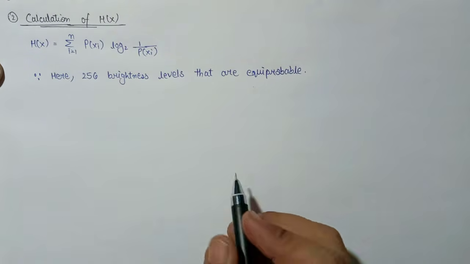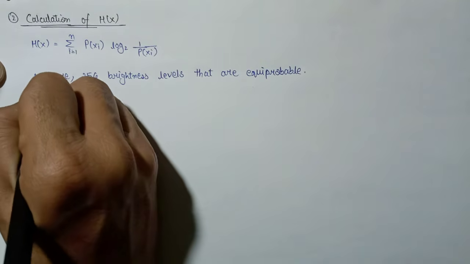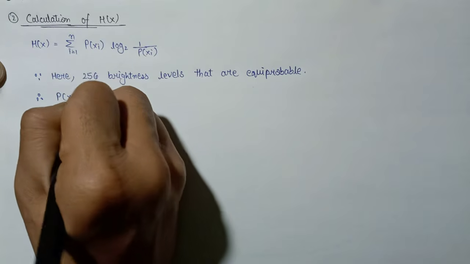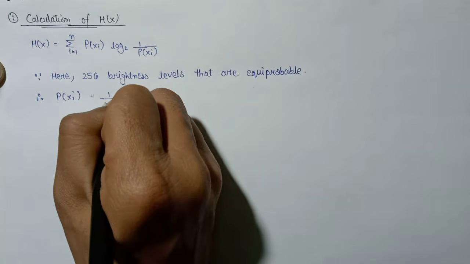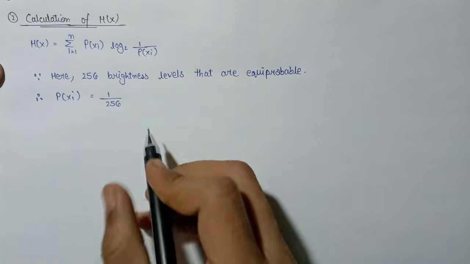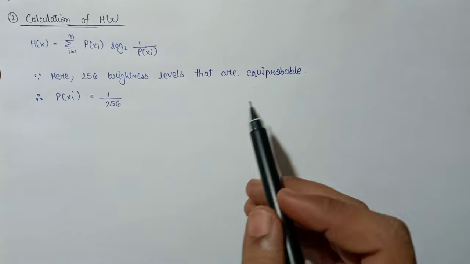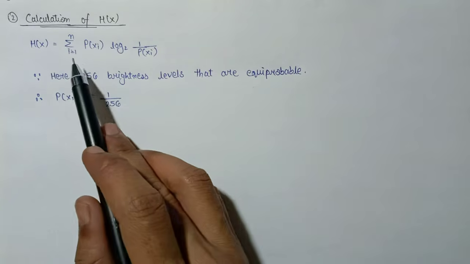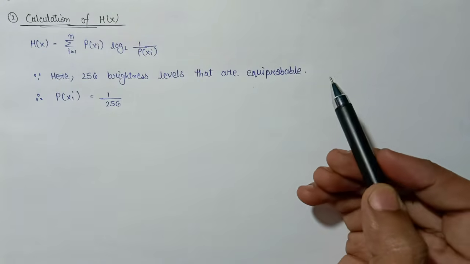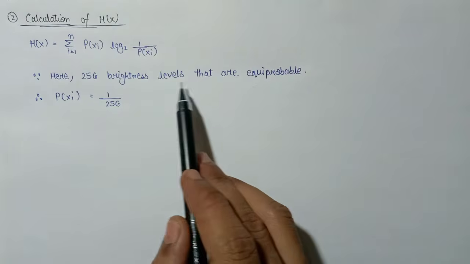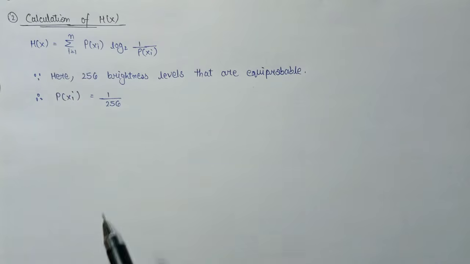So we can say that the probability of one brightness level, denoted by P(xi), will be equal to 1 over 256, because all the 256 brightness levels are equiprobable. Since we know that H(X) specifies the average number of bits of information per message, these brightness levels will be helpful in the calculation of H(X).